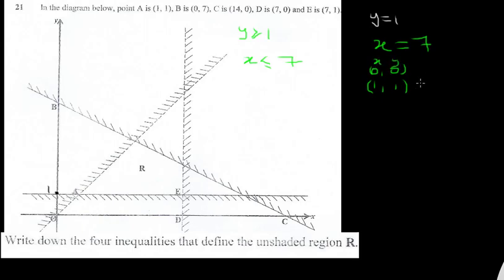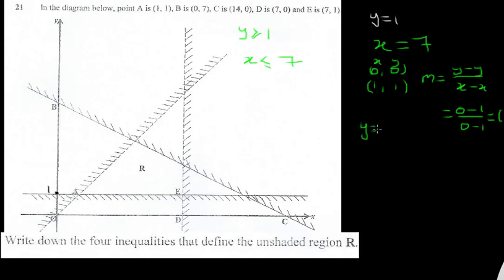This is the x, this is the y. We can find the gradient by saying m equals y minus y over x minus x, right? And we say 0 minus 1 over 0 minus 1, which then gives us a 1.